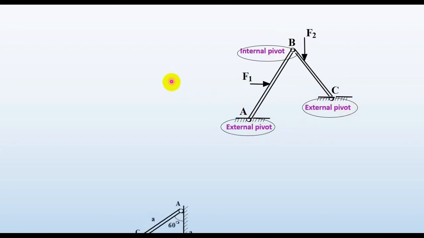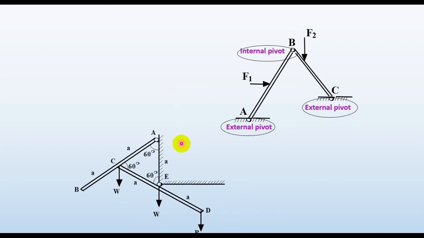Maybe another body like that. So we have 1, 2, and here also there is no hinge, but just support. So it will be external, and this one will be external, and the other one will be external. So all of them are external points.